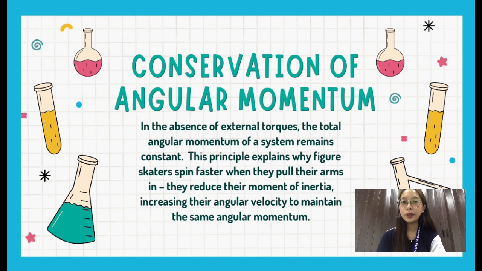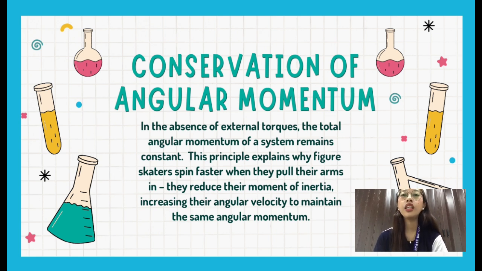Last is conservation of angular momentum. So kani nga principle nag-state if walay forces ang isa ka object, meaning ang iyang angular momentum is mag-remain constant. This explains why skaters spin faster when they pull their arms in.